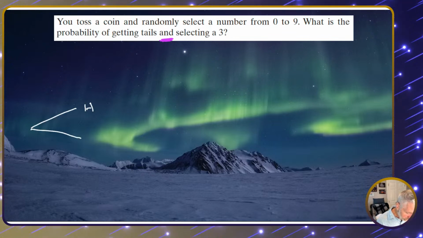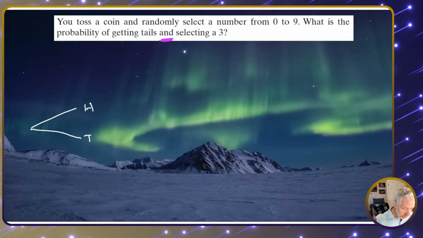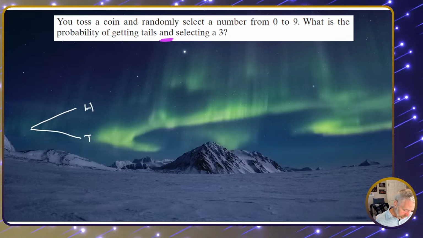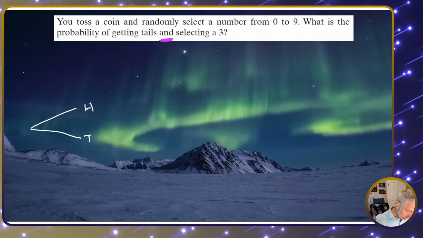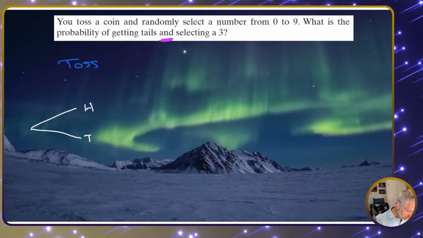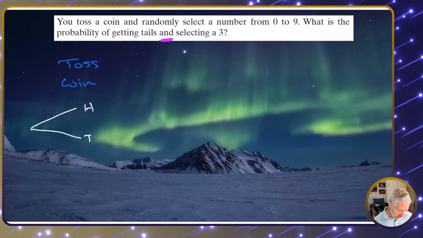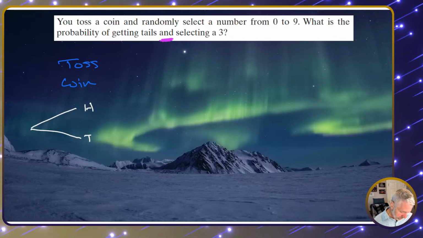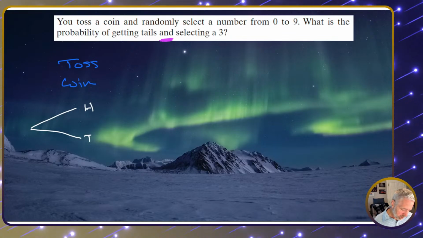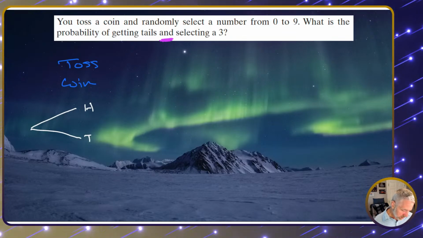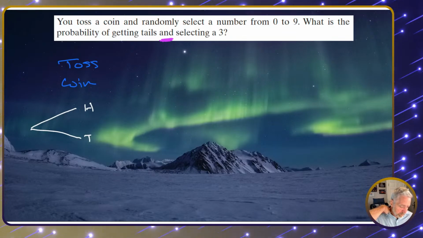The outcomes from the coin can either be heads or tails, right? So in other words, the first thing we're going to do is toss the coin, right? The second thing we're going to do is randomly select a number from 0 to 9.